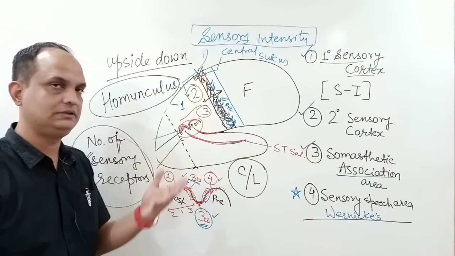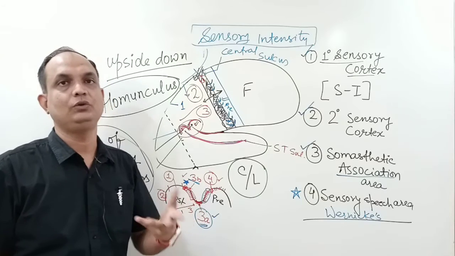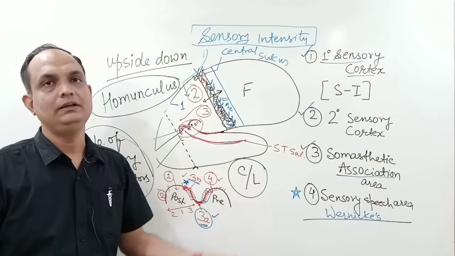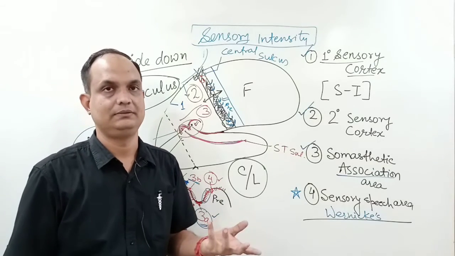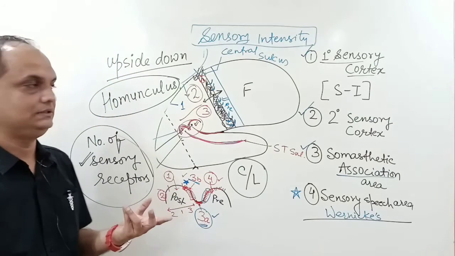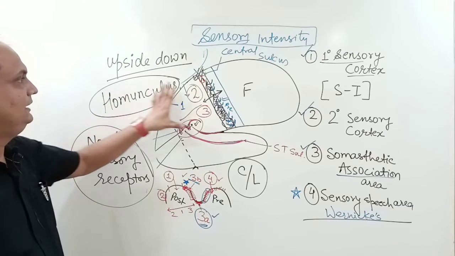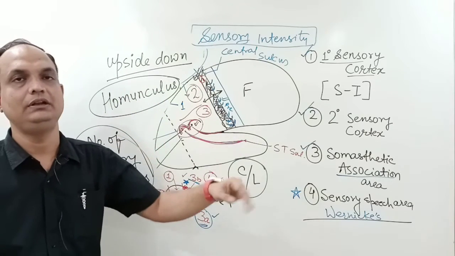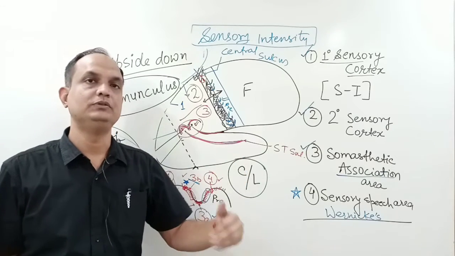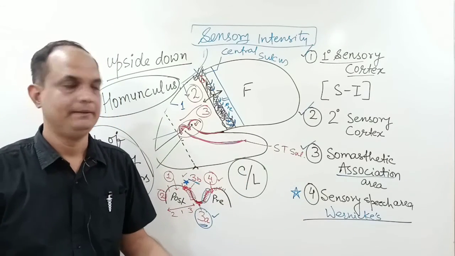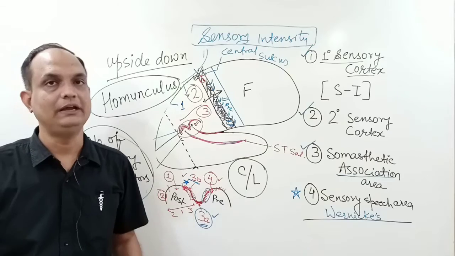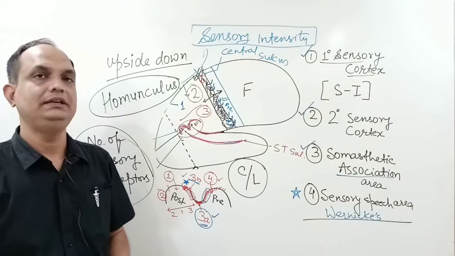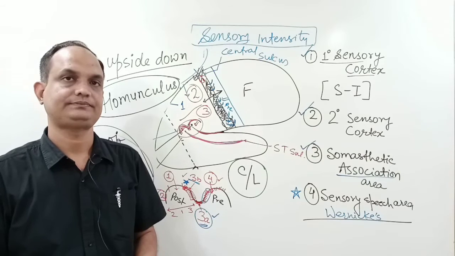So the patient loses fine touch, but may be able to judge crude touch because of the thalamus. Whenever you have a lesion in the primary sensory cortex, it is always associated with loss of sensation in the opposite half of the body because of the crossing of the fibers. So this is about the primary sensory cortex.